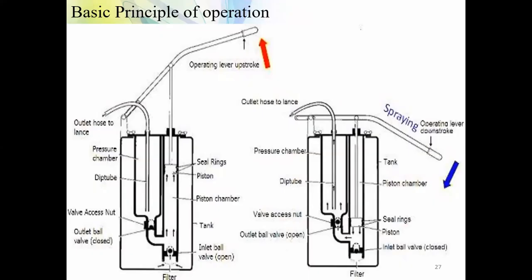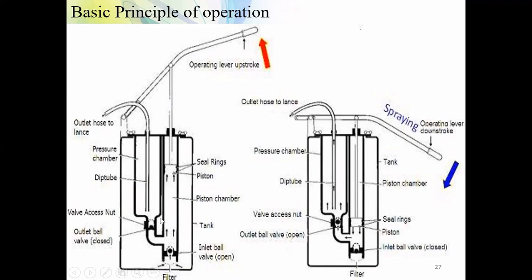Okay, now let's see about the working mechanism of the knapsack sprayer. It consists of two strokes. One is the upward movement and the other one is the downward movement. While having the upward movement, or operating the lever in upstroke, the piston is moved up.